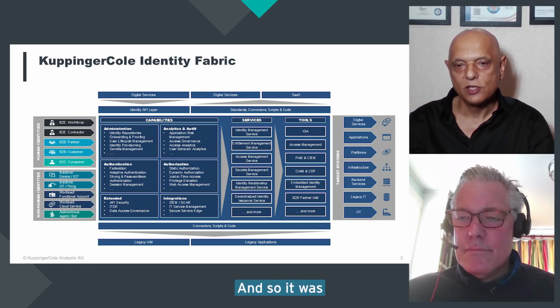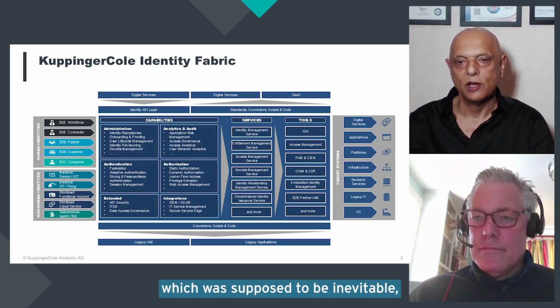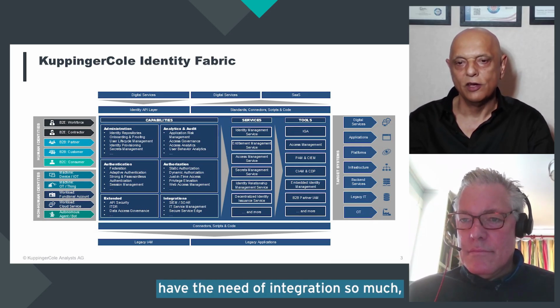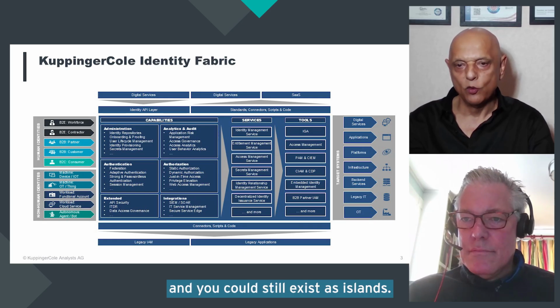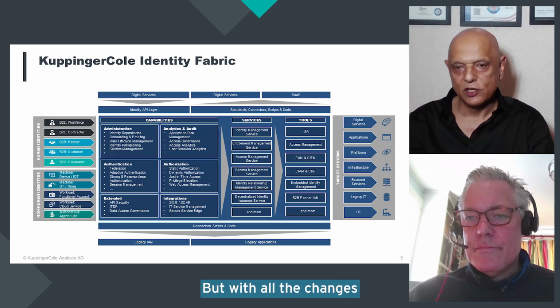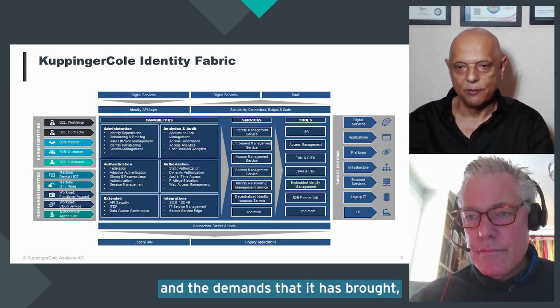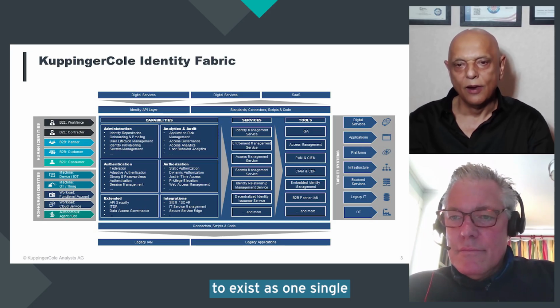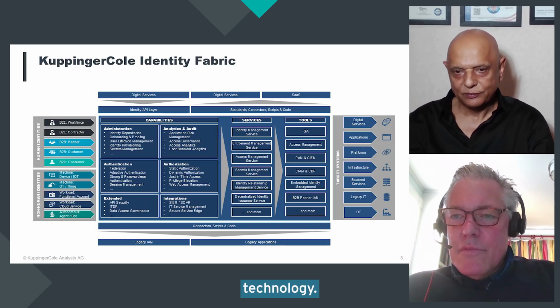So it was a problem which was inevitable, because in the earlier times we did not have the need for integration so much, and you could still exist as islands. But with all the changes that have occurred in technology and the demands that it has brought, it has become important to exist as one single technology. Right.